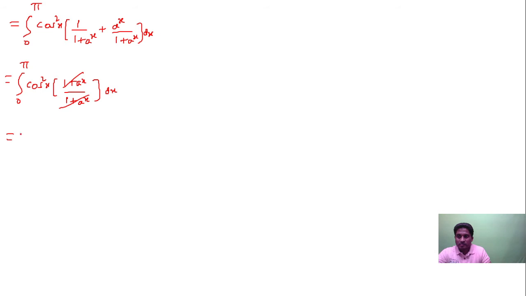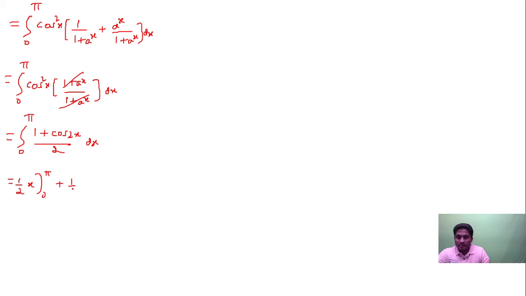So this is equal to integral 0 to pi. Cos square x can be written as 1 plus cos 2x upon 2. 1 by 2 is a constant. Integration of dx is x from 0 to pi.